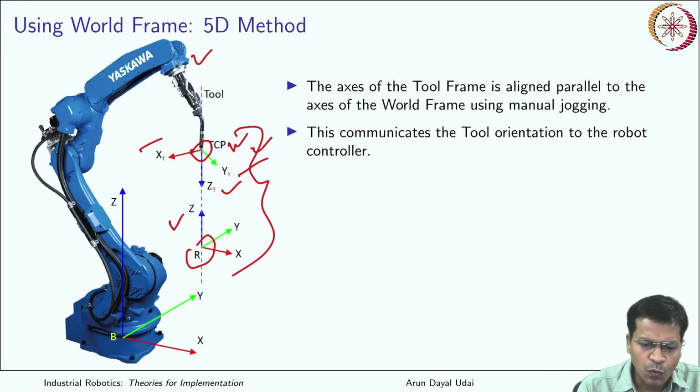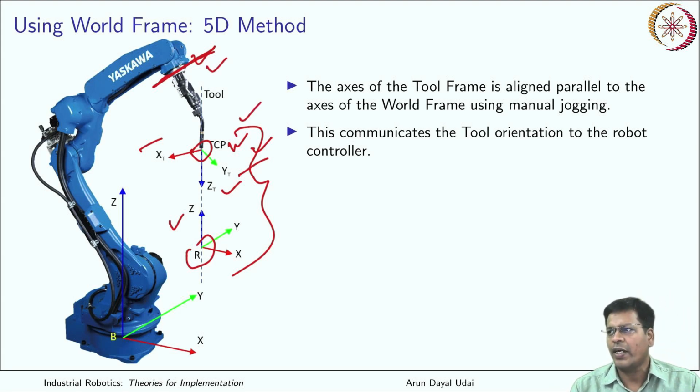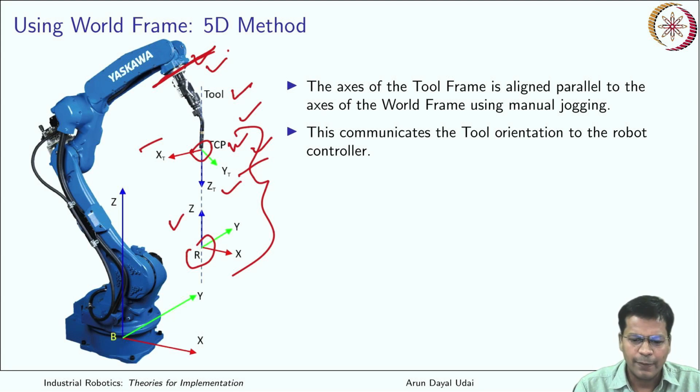Once this is fully known, this frame is automatically known by using the robot's forward kinematics. So from here to here, that transformation is identified by the controller and saved as the tool frame orientation with respect to the robot flange frame. Got it? So this is how it works inside.